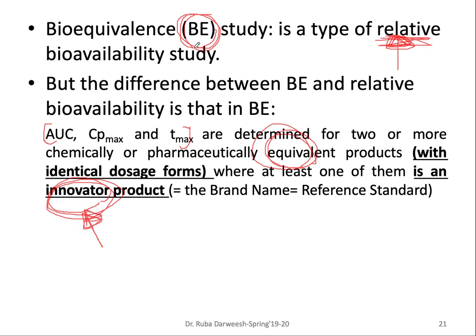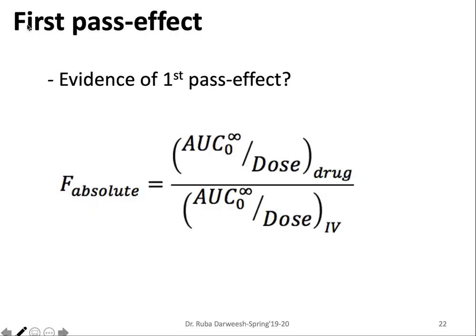So bioequivalence is a type of relative bioavailability, but again for equivalent products, and the standard should be the innovator or the reference that we have in the market. This is what is usually done by our companies in Jordan, in which we have centers to determine if the drug produced by the companies is bioequivalent to the innovator. Okay, and I'll stop this recording.